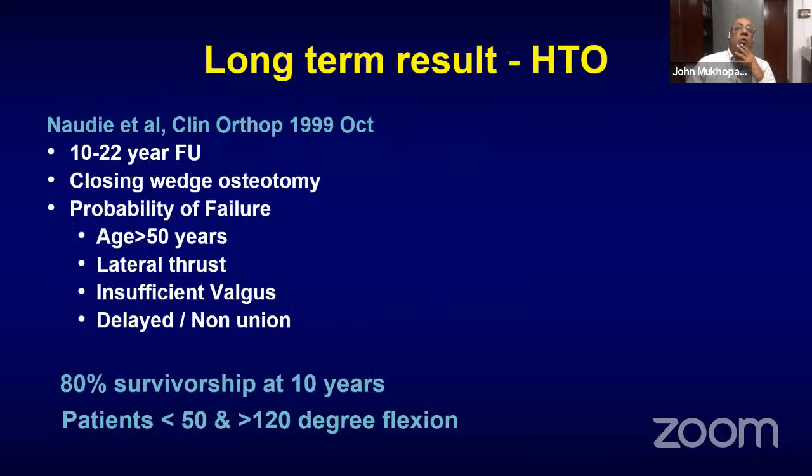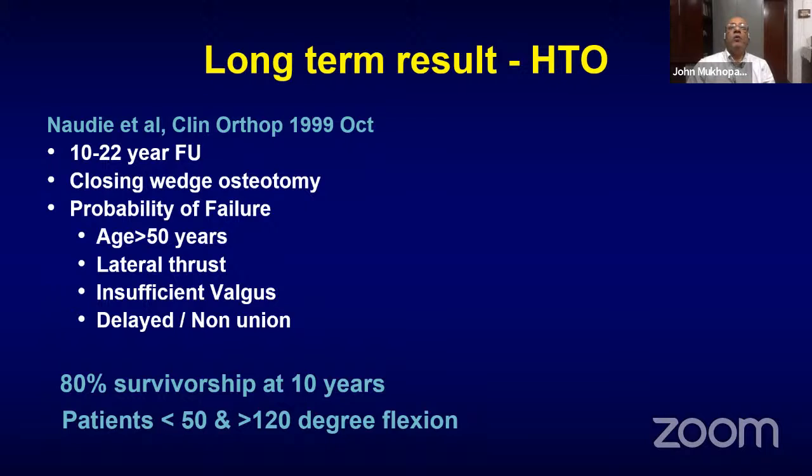Now, if you look at more recent studies of H.T.O. and the long-term results, this study by Noddy et al., this was again closing wedge osteotomy. They had a 10 to 22 year follow-up with an 80% survivorship at 10 years. And they found that the best patients were those who were young, and had at least 120 degrees of flexion.